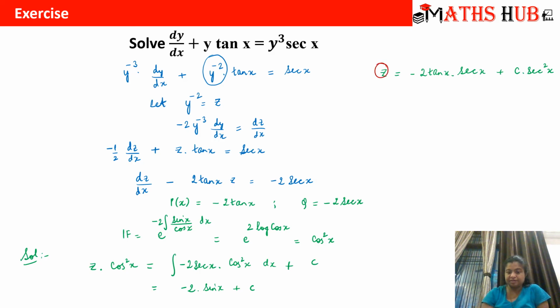So y to the power minus 2 is minus 2 tan x into secant x plus c secant square x. So this is our final answer, right?